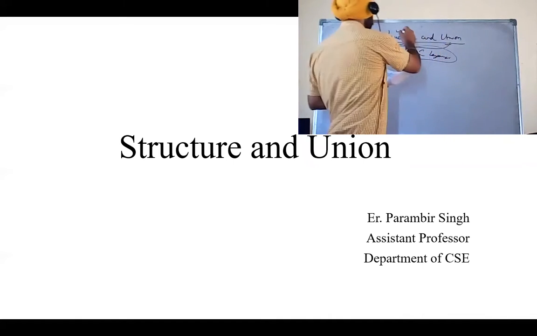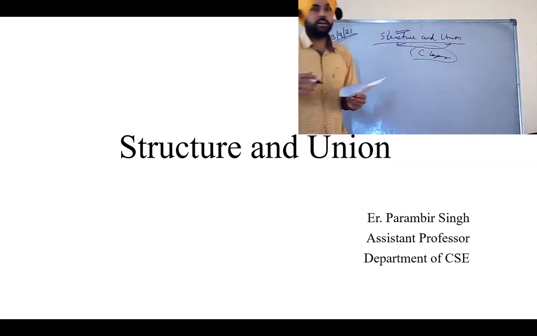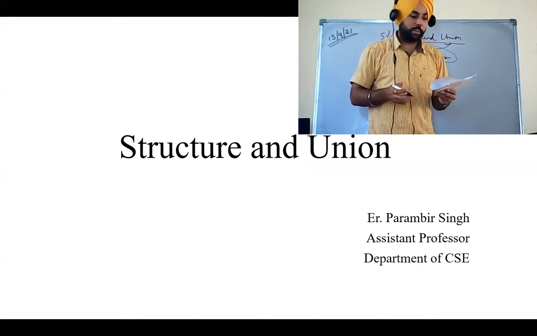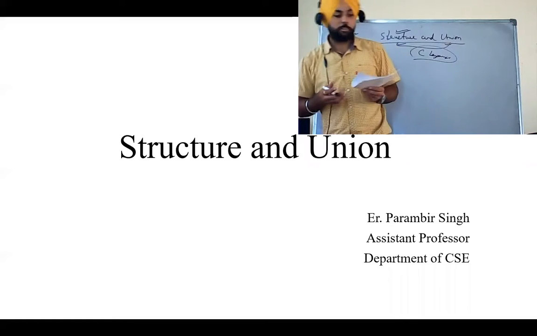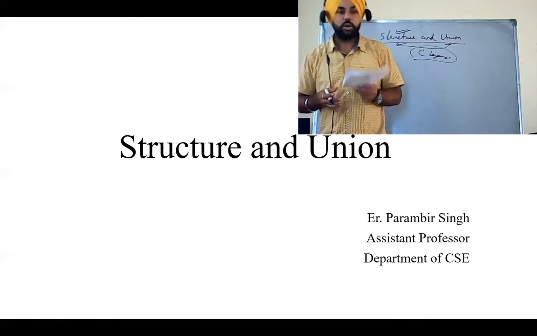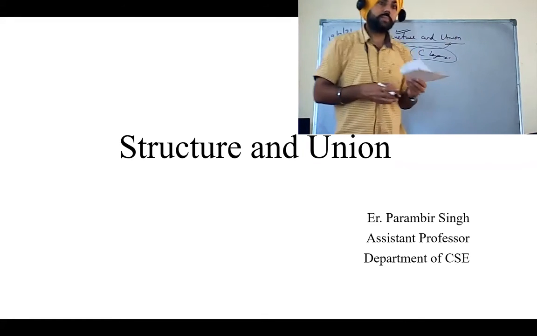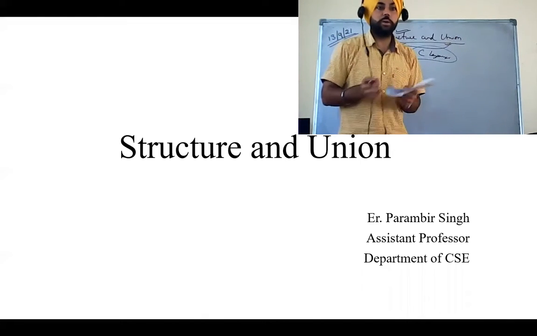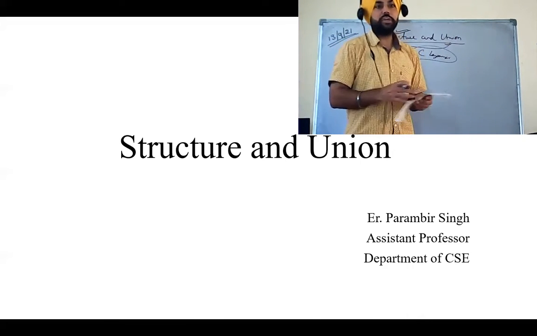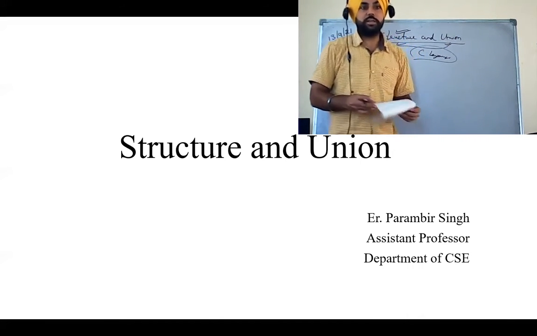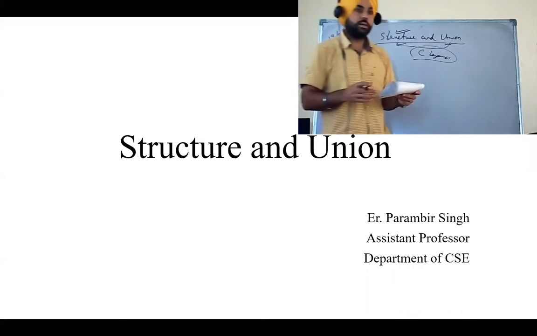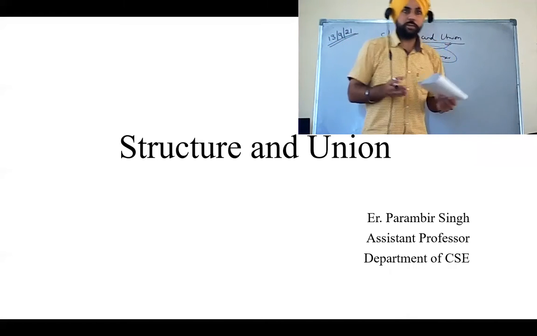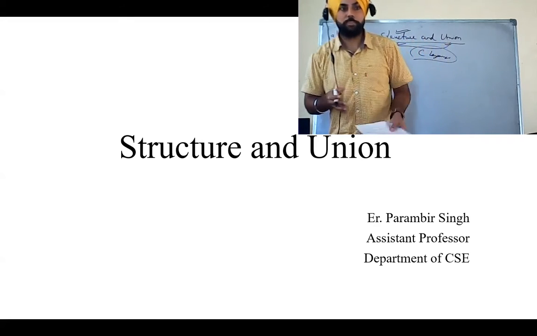It is a user-defined data type available in C programming which allows you to combine data elements of different kinds. So this is the basic definition of a structure. We will first differentiate between structure and union, then I will explain with the help of a program.